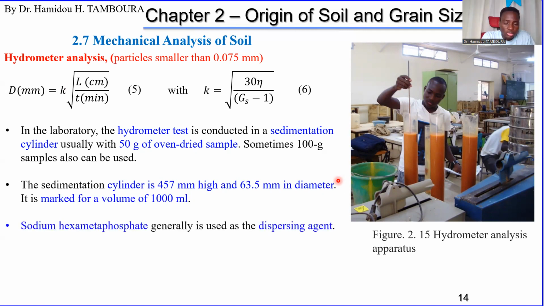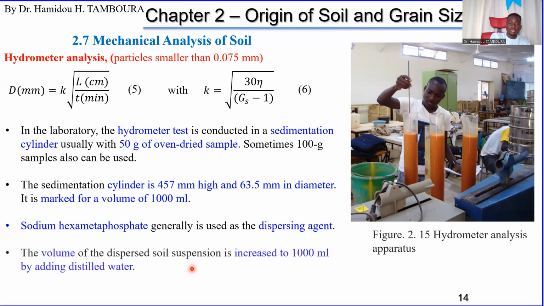So what we do sometimes is to add sodium as a dispersing agent in the water. So after mixing the soil with water, we can add this agent to disperse the soil.